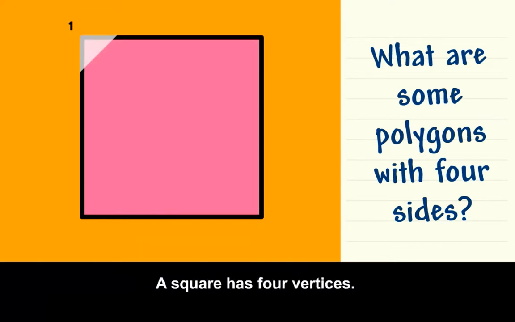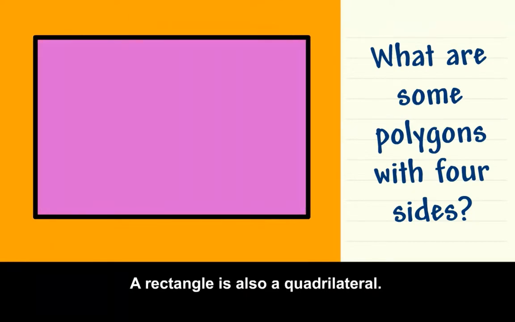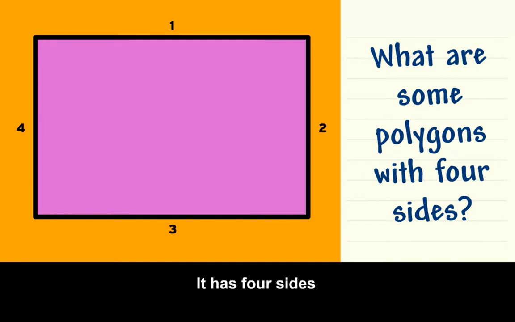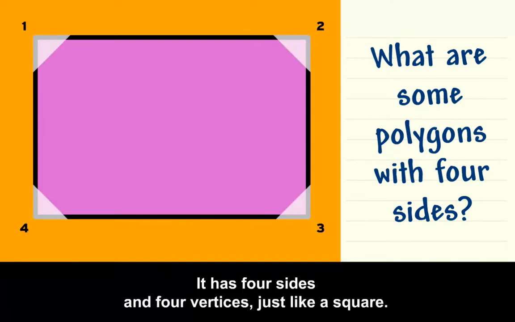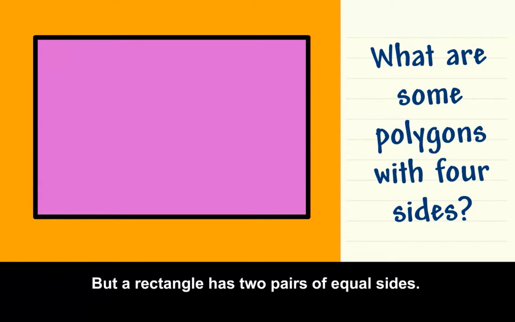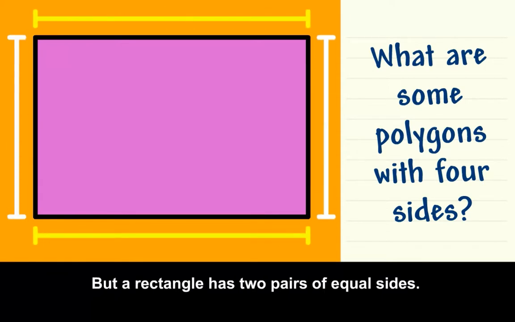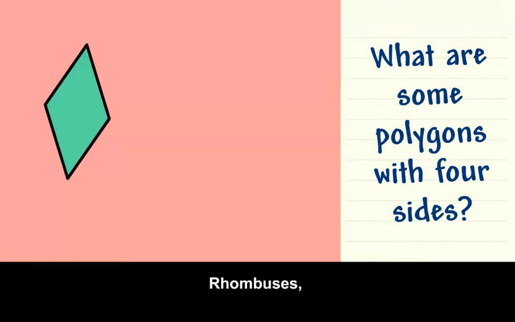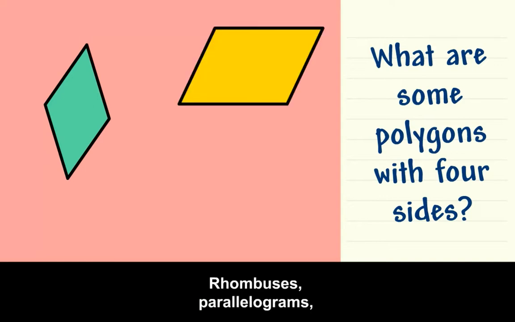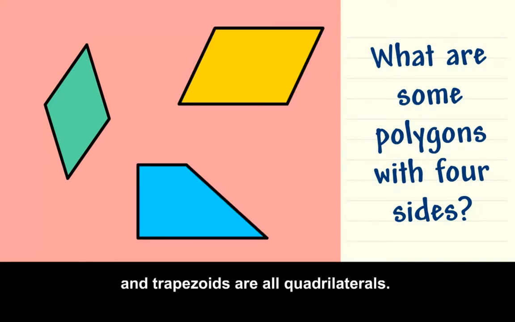A square has 4 vertices. A rectangle is also a quadrilateral. It has 4 sides and 4 vertices, just like a square. But a rectangle has 2 pairs of equal sides. Rhombuses, parallelograms, and trapezoids are all quadrilaterals.